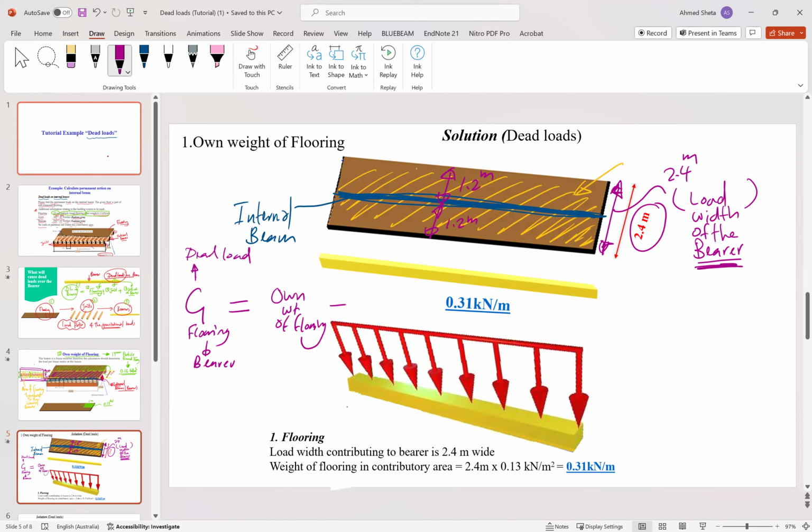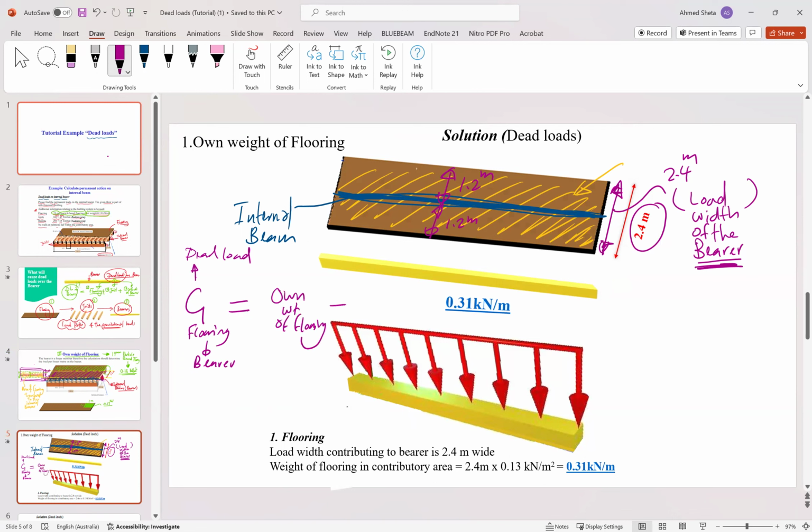So I will just add another slide, a blank slide. So if we look at this step again, so we have G for the flooring will be equal to 0.13 kilonewton per square meter times load width, which is 2.4 meter.